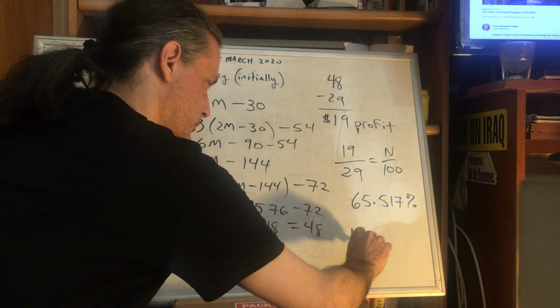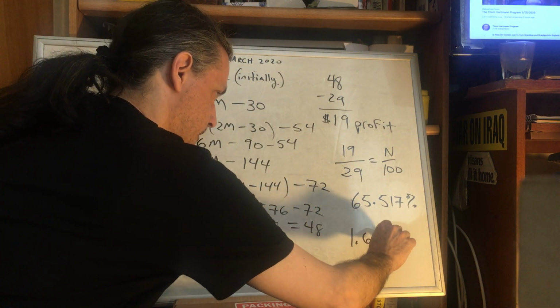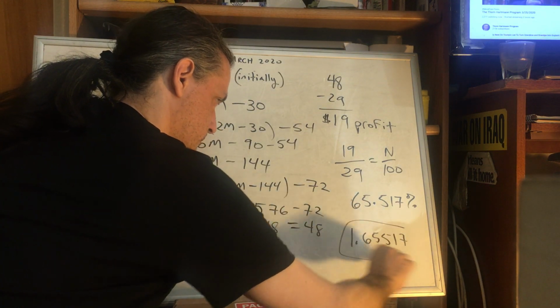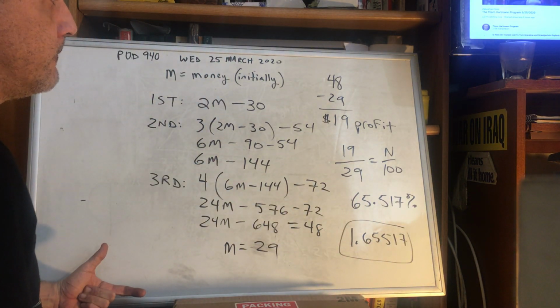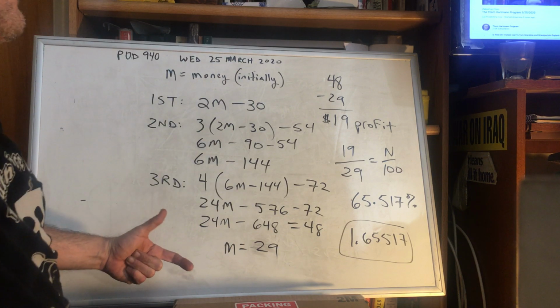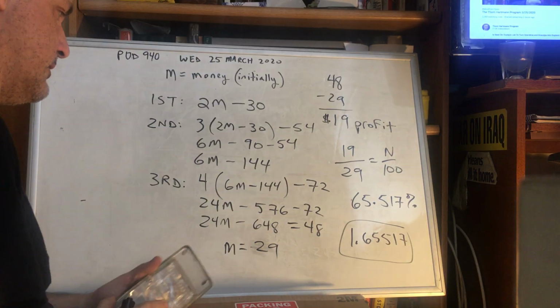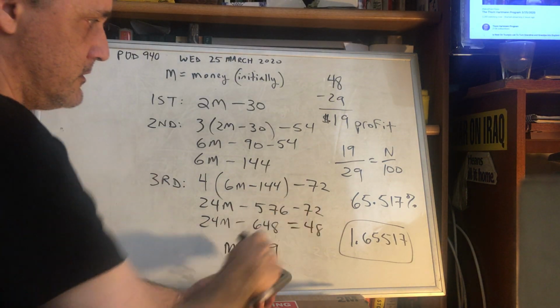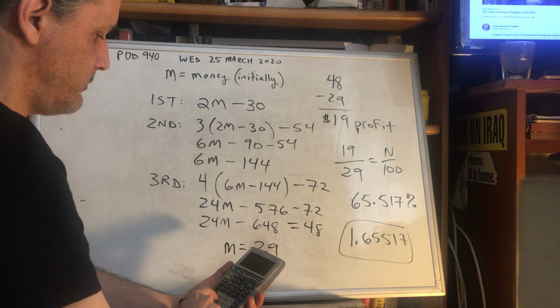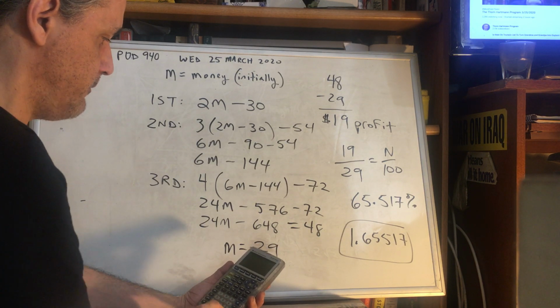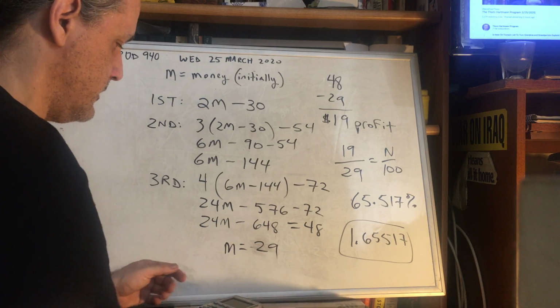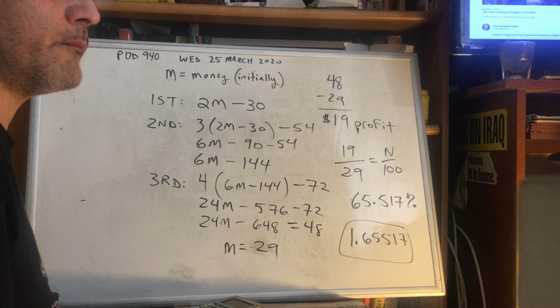And if you wanted to create a growth factor, and so if you multiply that to the previous value, so say he does this again, right? So now he has 48 bucks. If you assume the same rate of increase, then you multiply 48 times 1.65517, and he'll have 79 bucks now.